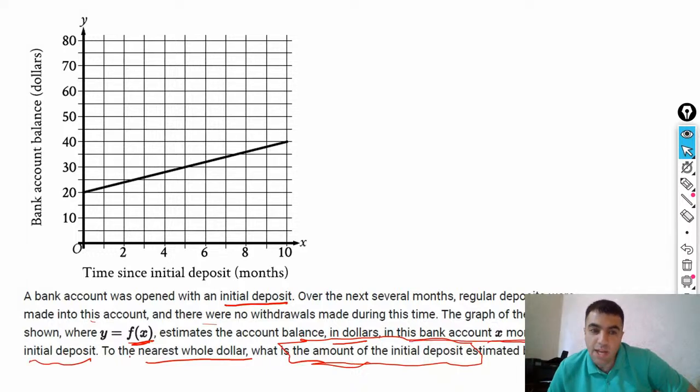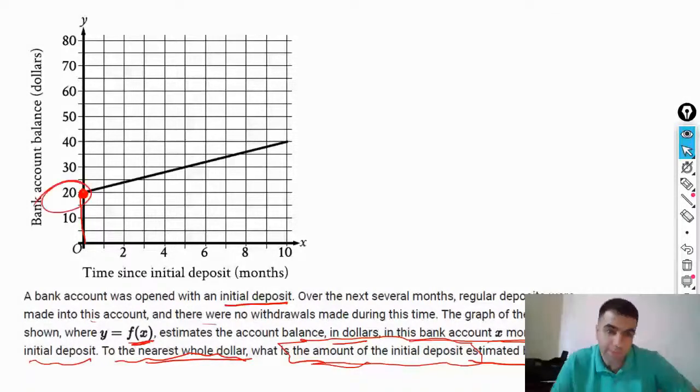To the nearest whole dollar, what is the amount of the initial deposit estimated by the graph? No, Farid, no, Sahib, this is not 200. The initial value, we are okay, and this is 20.